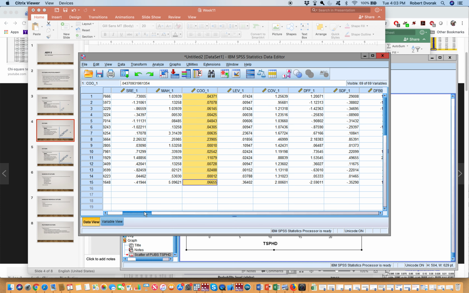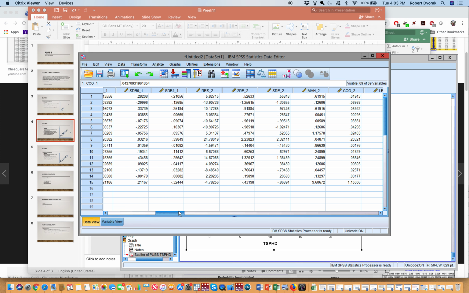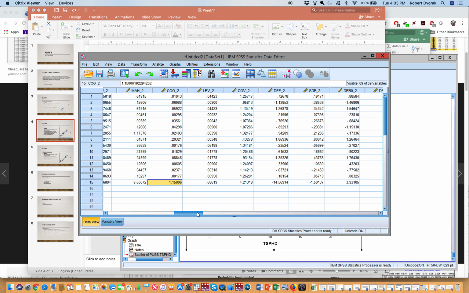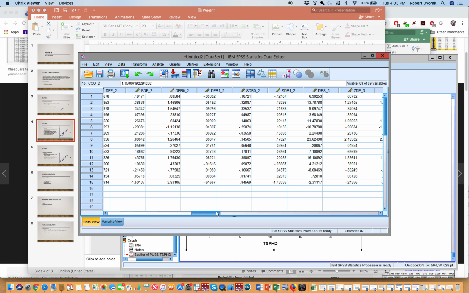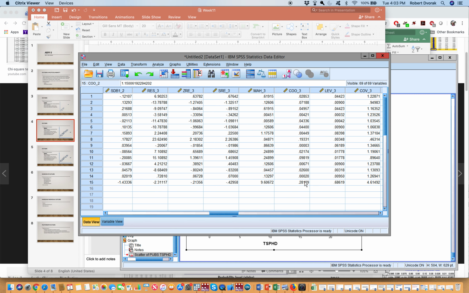Remember, this was our first regression model that we ran. Then we ran a regression model where we put a variable that was way out there. Remember, this was when we were looking at leverage, and we have a Cook's D now that is higher. Then we recalculated that and made it a little bit closer to the line of regression, and our Cook's D came down.